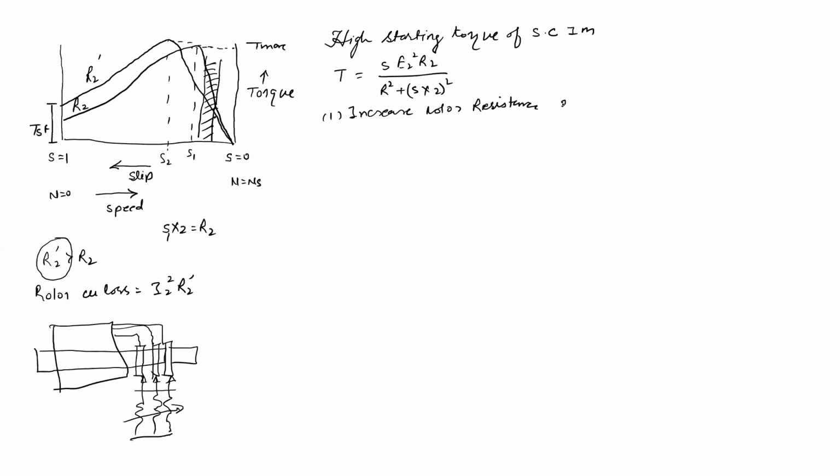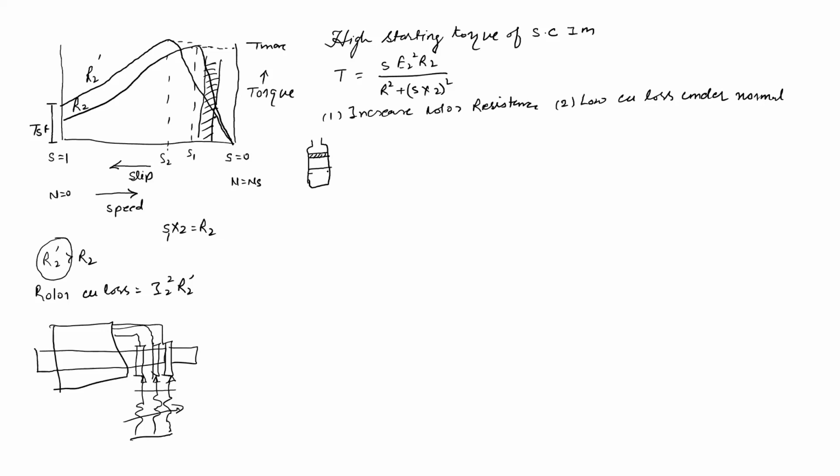And the second objective is to have low copper loss under normal working condition. Suppose this is the rotor, and the cage of the rotor is formed in such a way that it is in the form of strips.